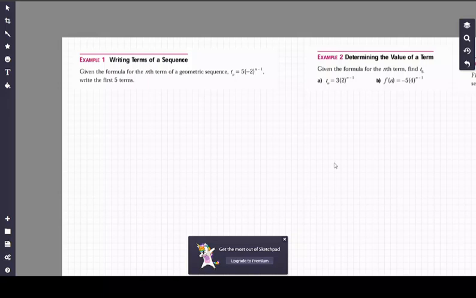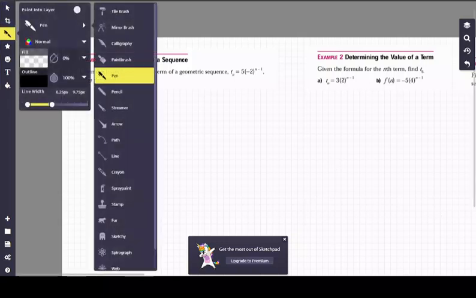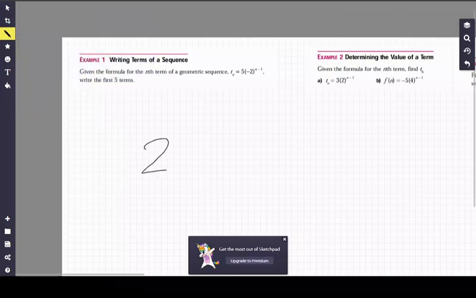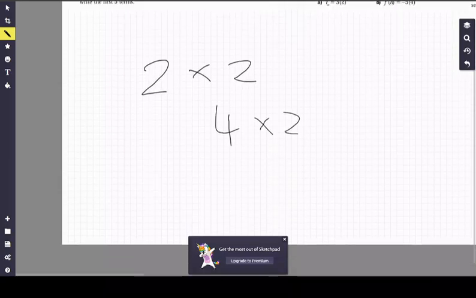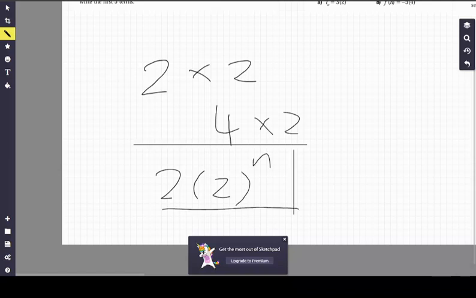For example, if I have the number 2, I'm going to keep on multiplying by 2. Then after that it's 4, and then I multiply by 2 again. And we can write that as 2 times 2 to the power of n. So that is a very simple geometric sequence.